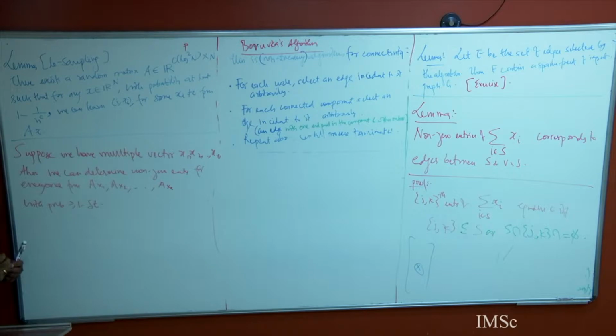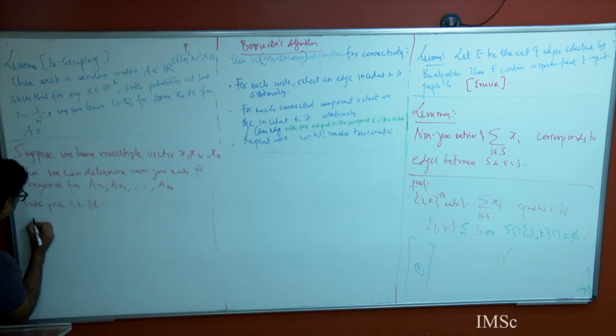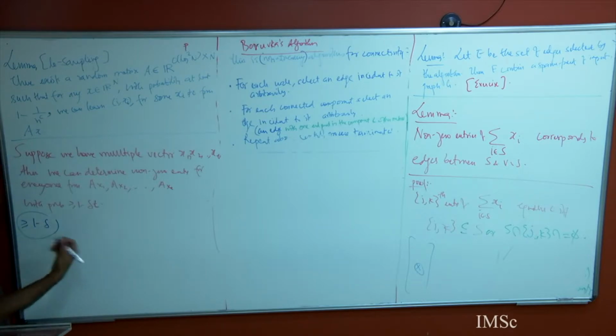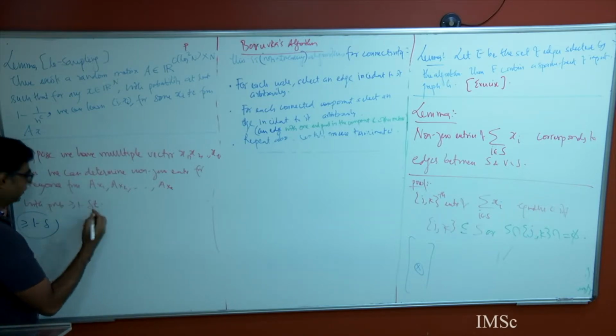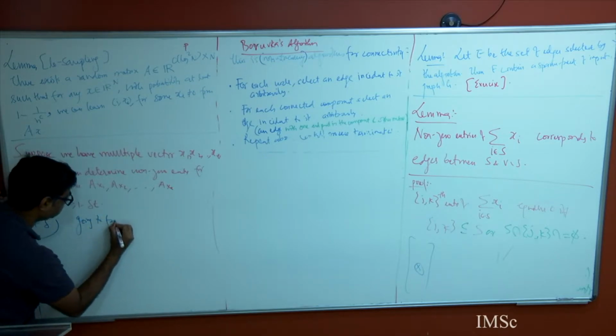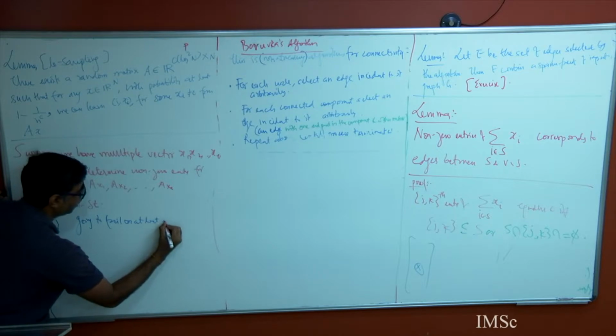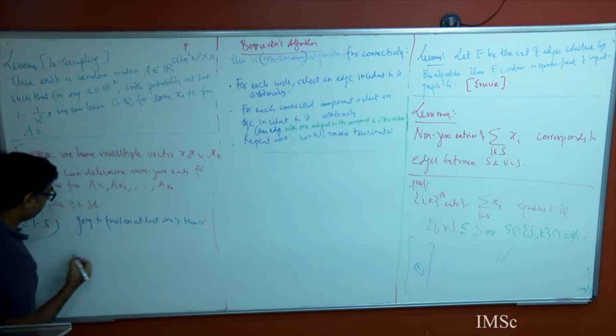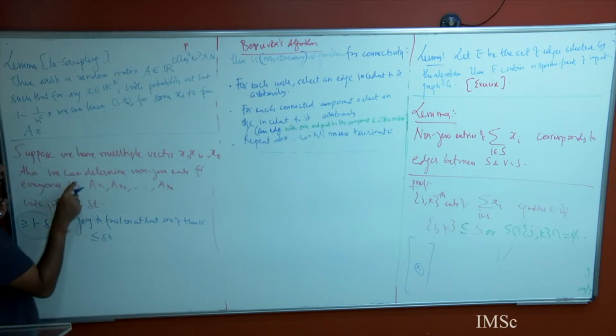Do you see why? The probability that the first one fails is 1 over n to the c, so you have to choose these things appropriately. But if you apply the union bound, what will happen? The probability of failing on at least one of them is upper bounded by delta times t, because I can fail on this or this or this.